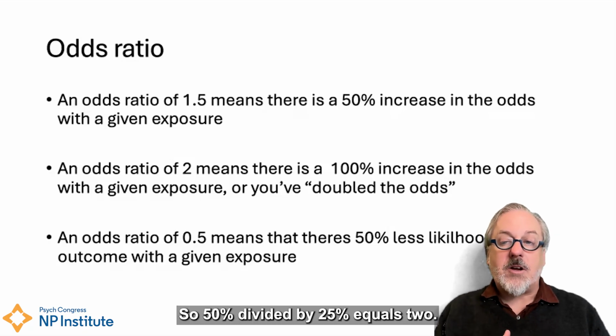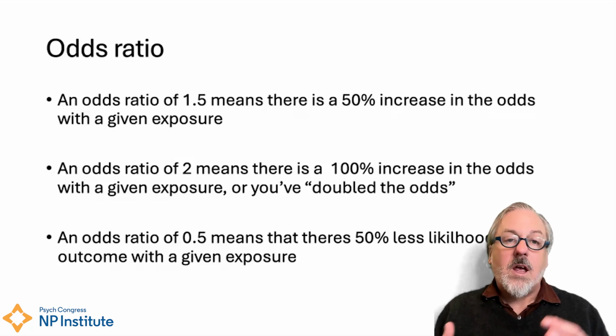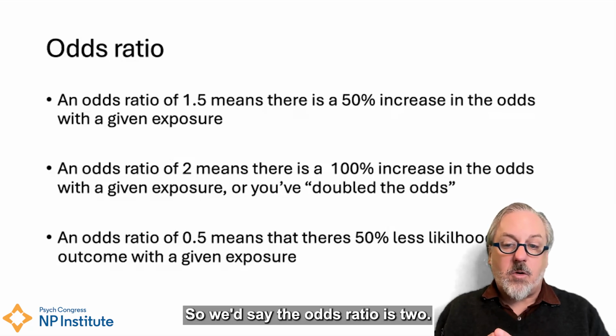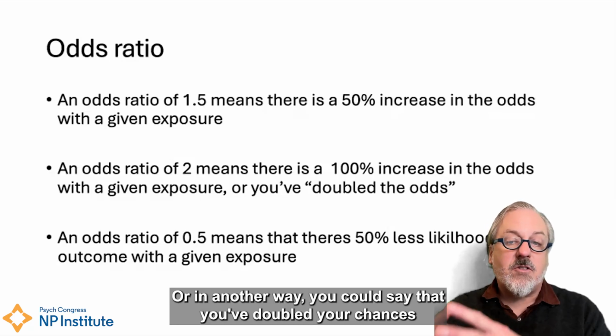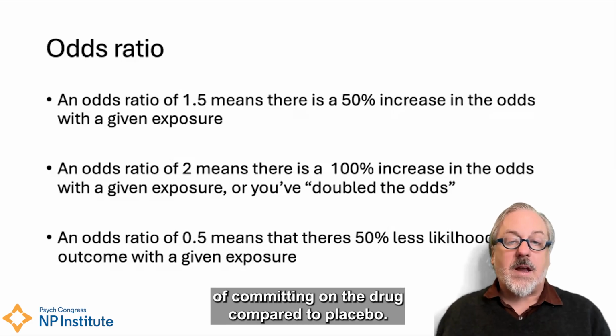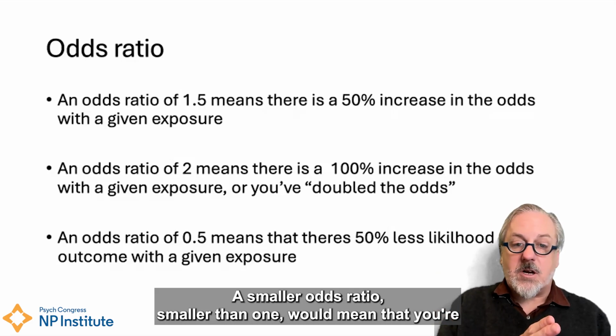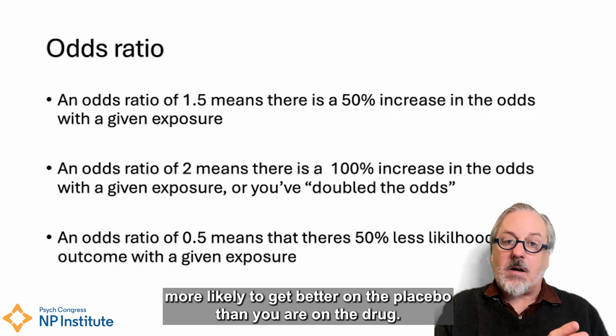So 50% divided by 25% equals 2. So we'd say the odds ratio is 2. Or another way you could say it is that you've doubled your chances of remitting on the drug compared to placebo. An odds ratio smaller than 1 would mean that you're more likely to get better on the placebo than you are on the drug.